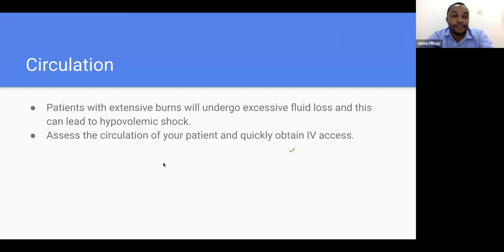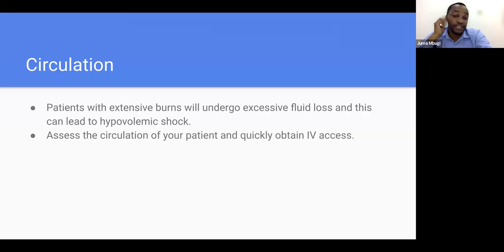Next, the other thing to take care of is circulation. As I said, the approach is the same as for any other trauma patient. But in burn patients there are some exceptions. Patients with extensive burns undergo excessive fluid loss, and this can lead to hypovolemic shock very quickly.